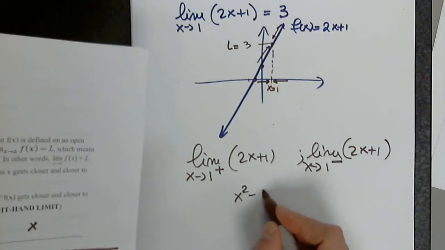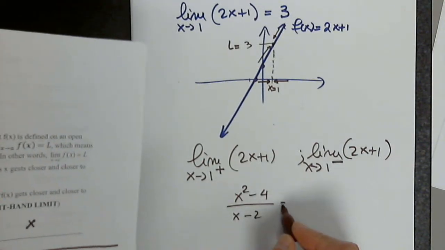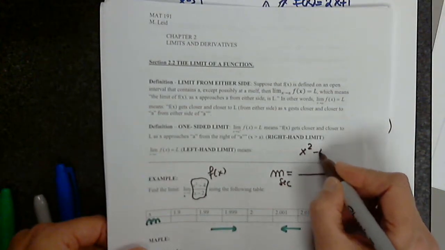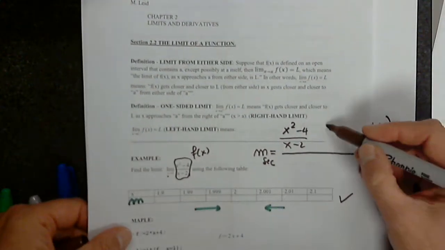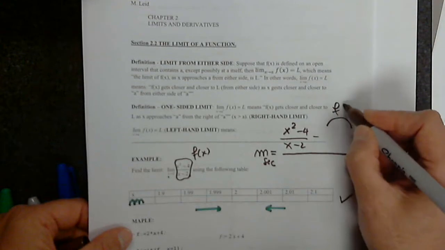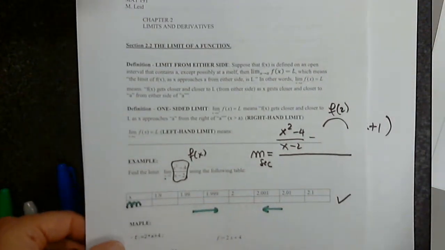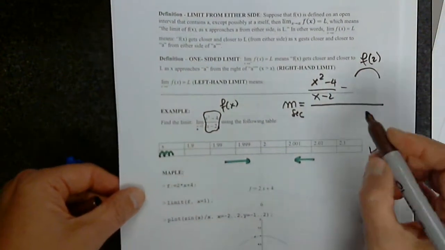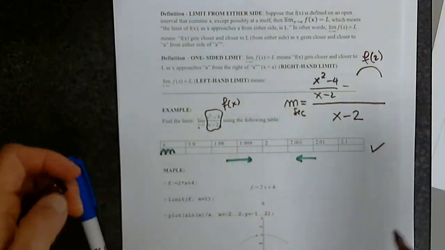So x squared minus 4 divided by x minus 2. Because obviously I have to have the function. This portion must be f of 2, but I can't plug in 2 in here. And the denominator must be x minus 2.